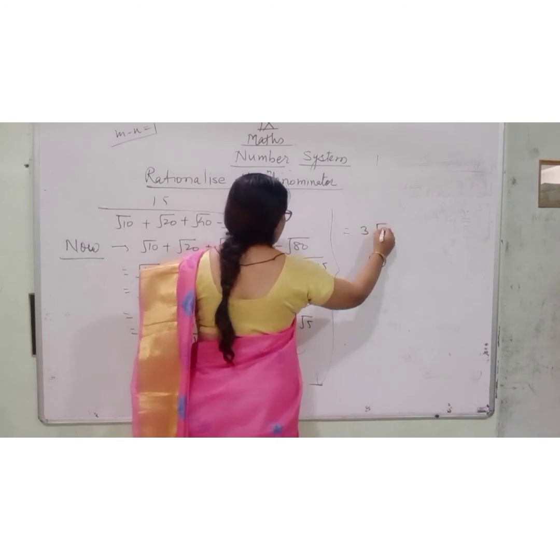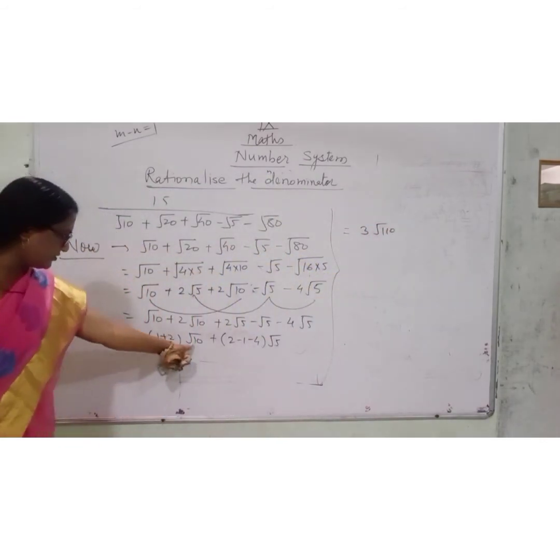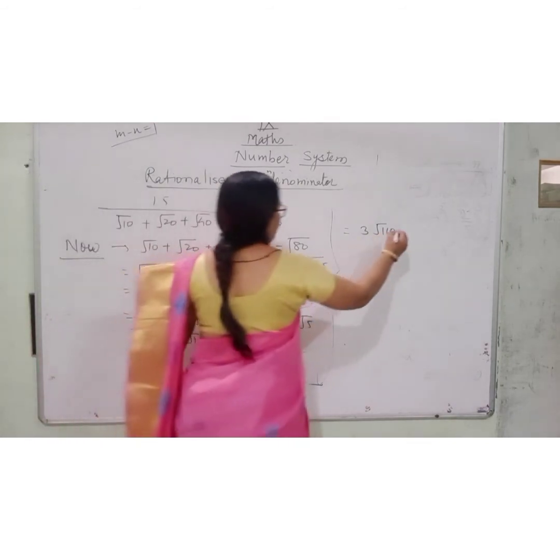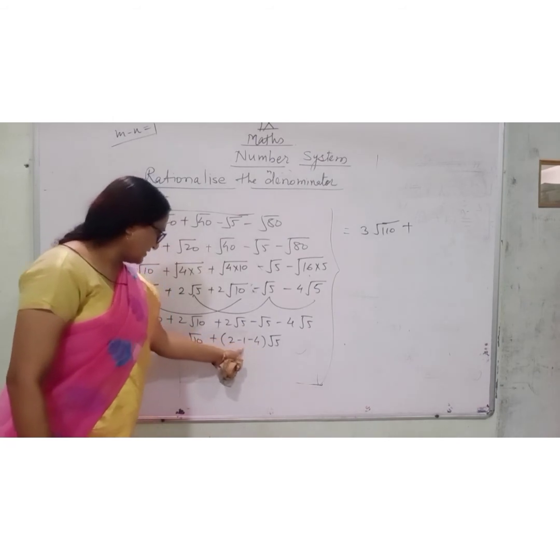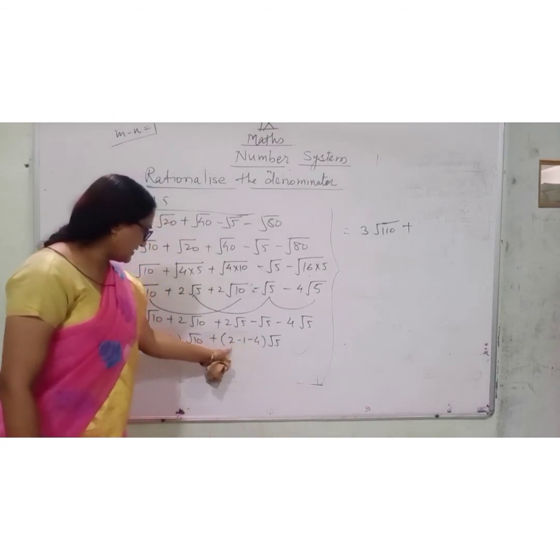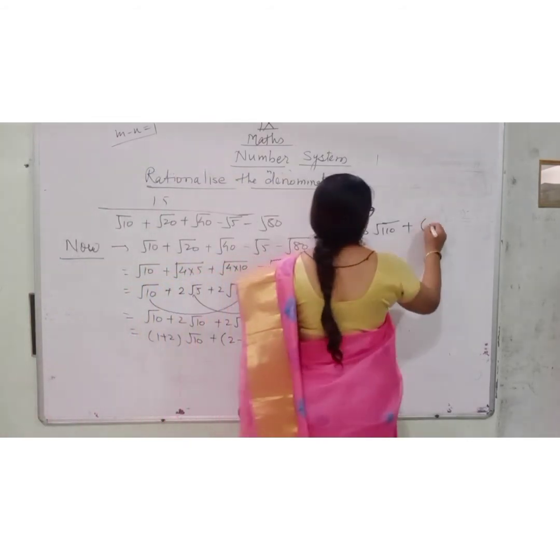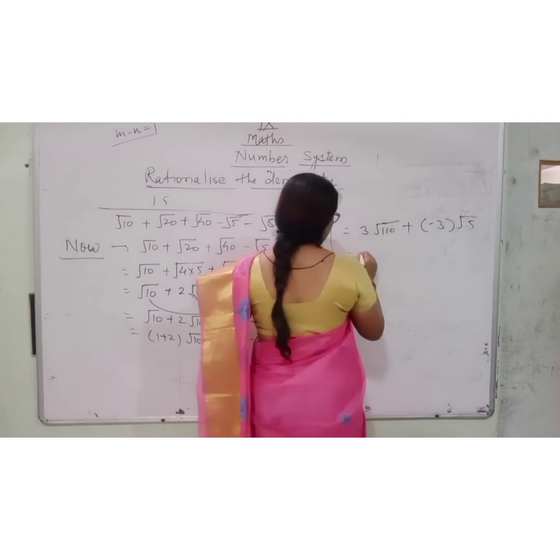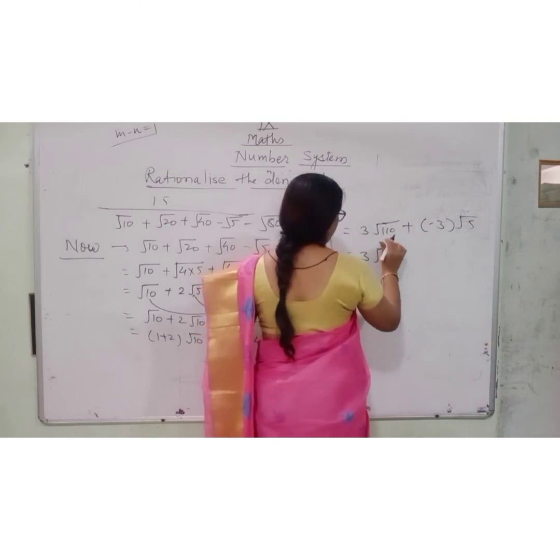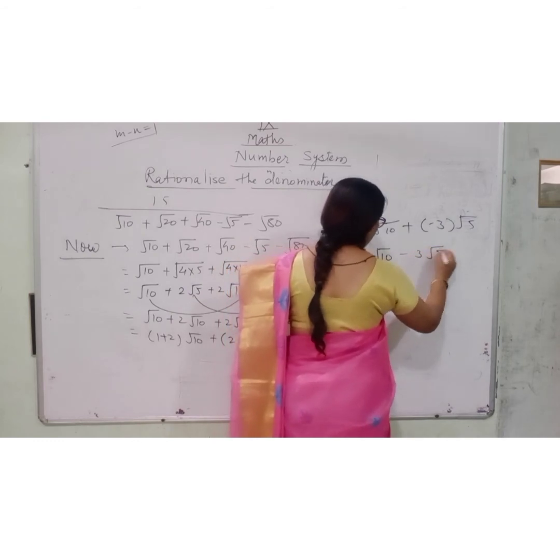3 root 10 plus, what is minus 4 minus 1 is minus 5, minus 5 plus 2 is minus 3, minus 3 root 5. That is 3 root 10 minus 3 root 5.